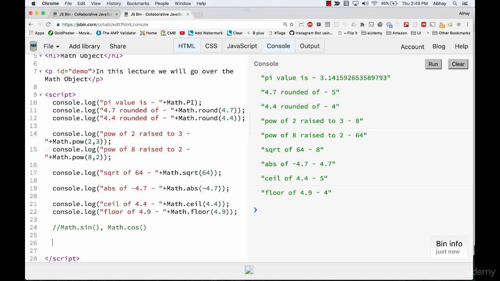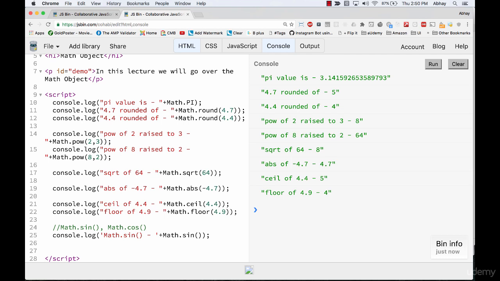The way you make it work is, let's do a console log first, and then do a Math.sin. Let's put this in the code so that we know what value we are checking for. Now, what do you expect would be the input or the parameter for Math.sin? It has to be an angle, because you do a sine of a particular angle.